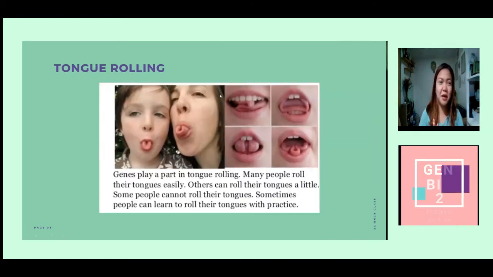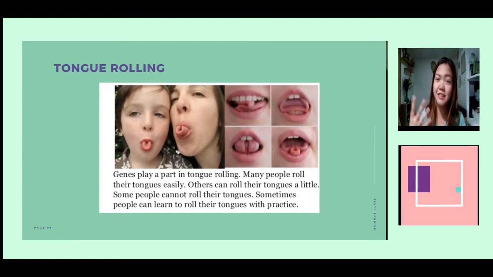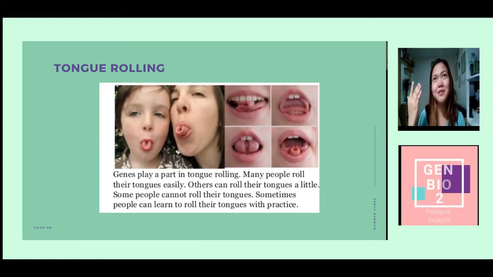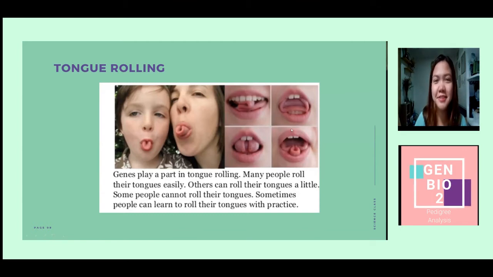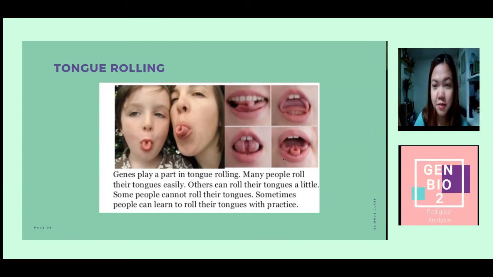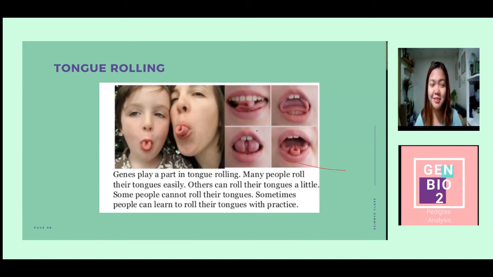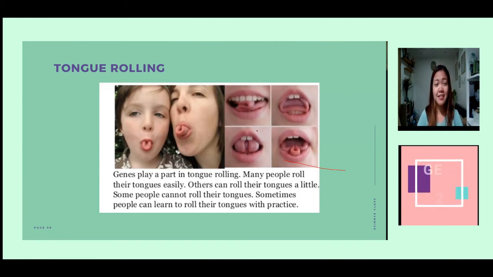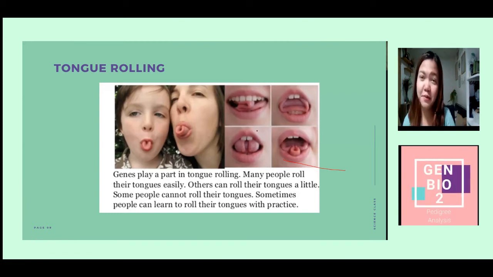Okay, so another example is genes play a part in tongue rolling. I can just do the basic tongue rolling. But yeah, genes play a part in tongue rolling, though of course it can also be practiced.